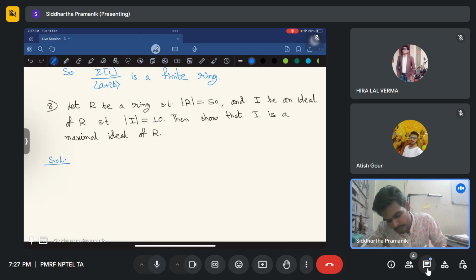So let us recall the correspondence theorem. If you have a ring R and an ideal I, then you can take the quotient ring.